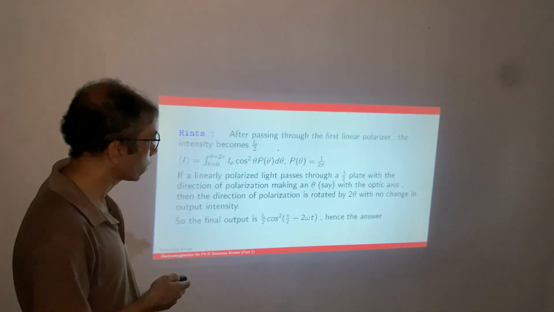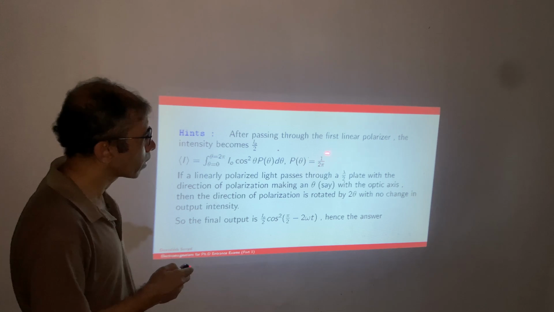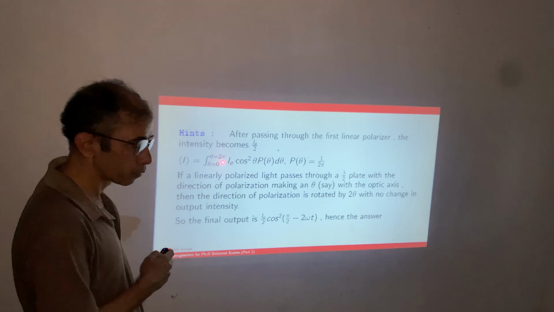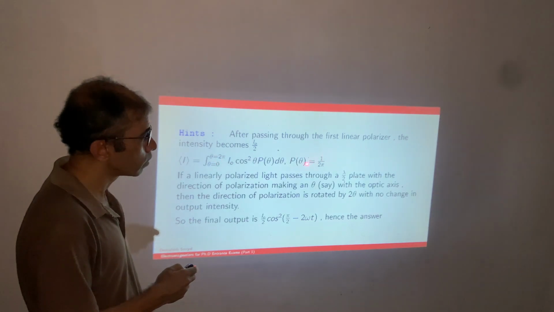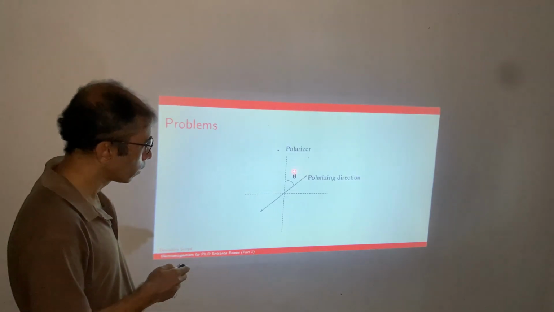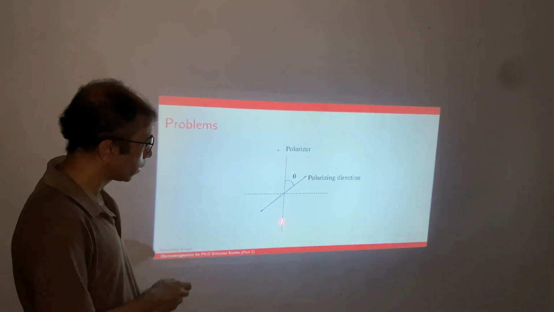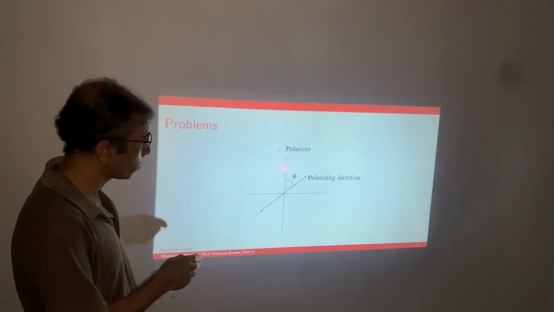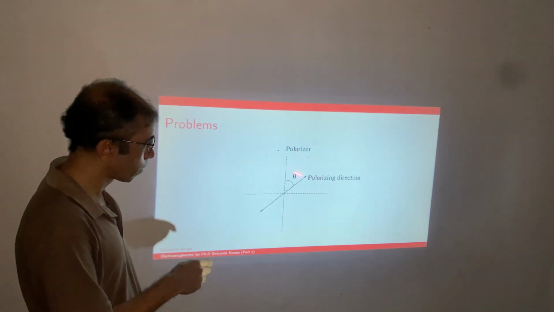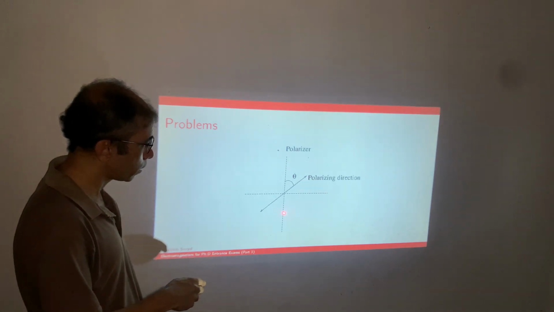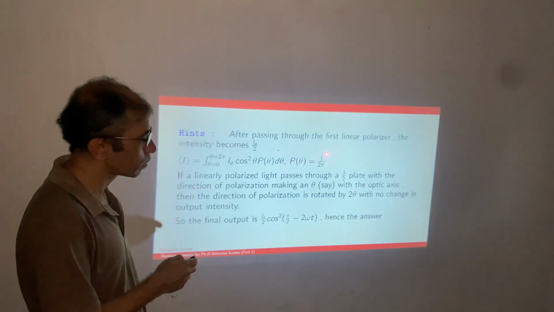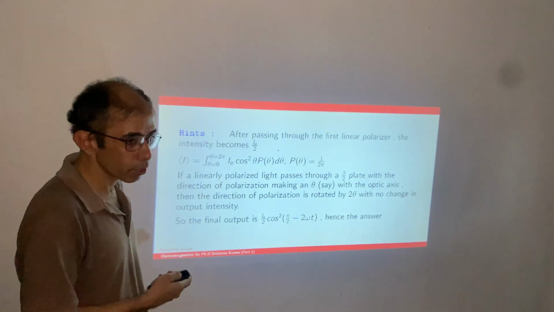So in that case, what happens? Here I made a mistake. We integrate from theta equal to 0 to pi, and P theta is 1 by pi, because the oscillation can be anywhere in this angle, and any direction is equally probable.